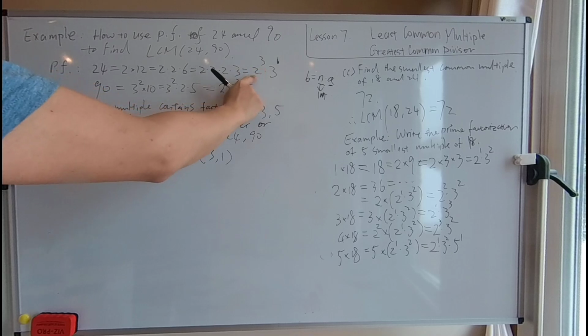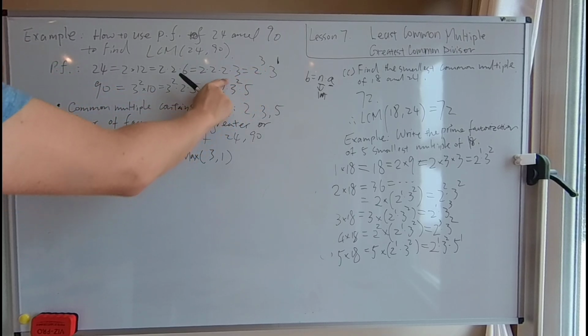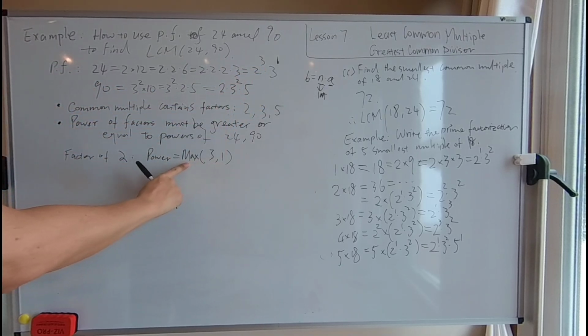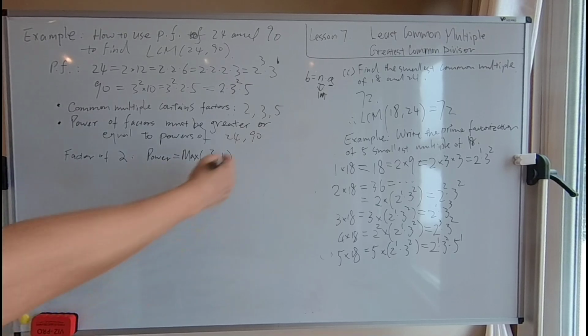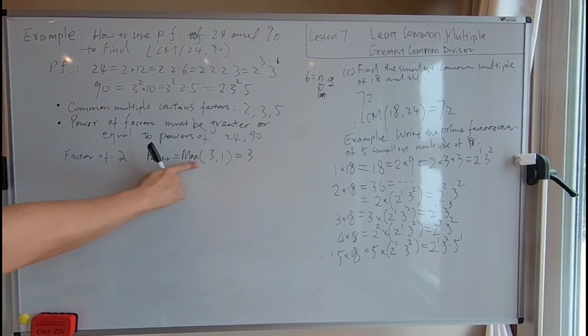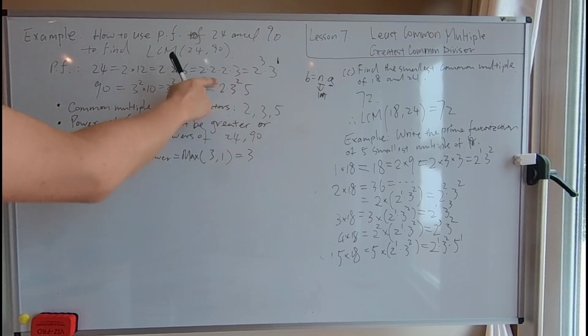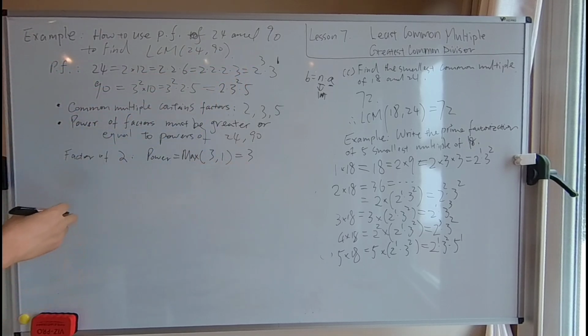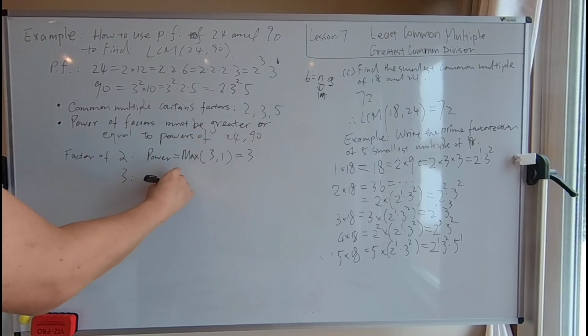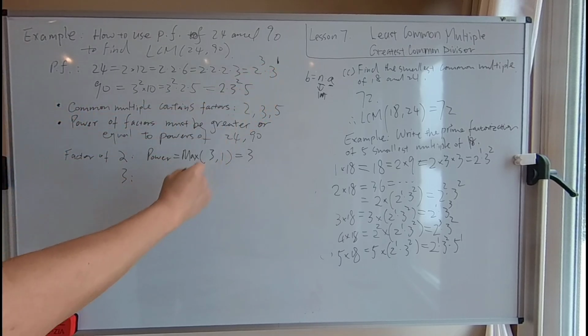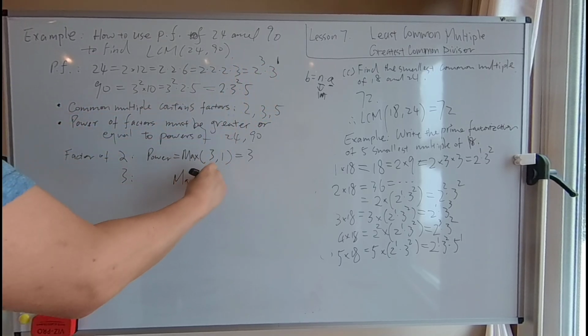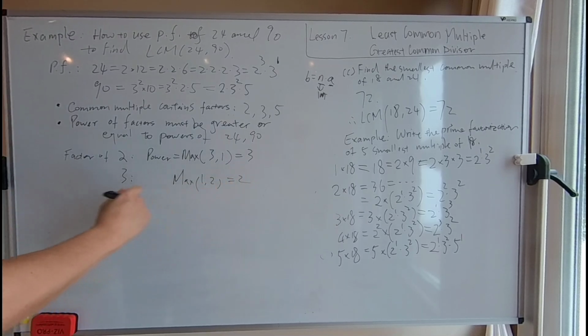The power of 2 in 24 is 3, and in 90 it is 1. If you're not familiar with this notation, it simply means taking the maximum value among the list inside the brackets. So the maximum between 3 and 1 is 3. Next, the factor 3: the power is the maximum between 1 and 2, so it will be 2.